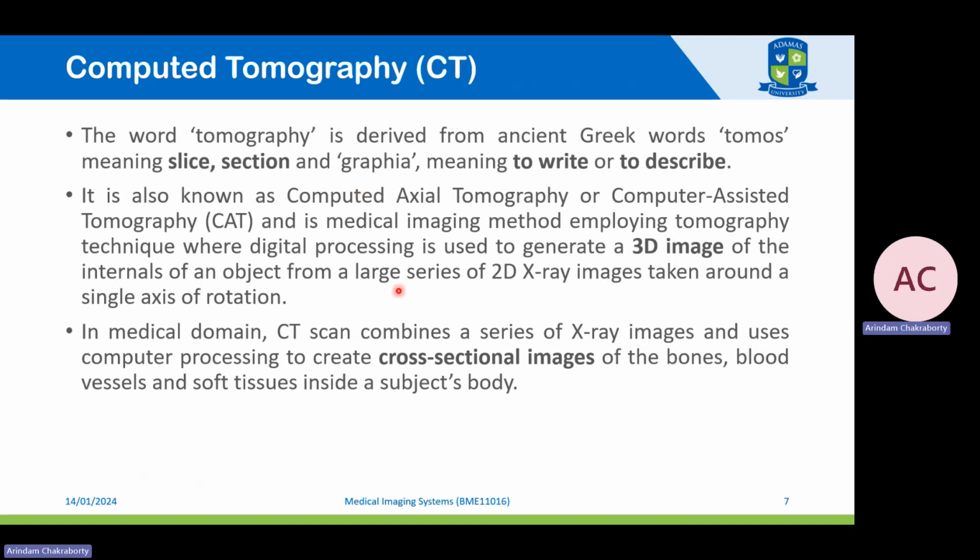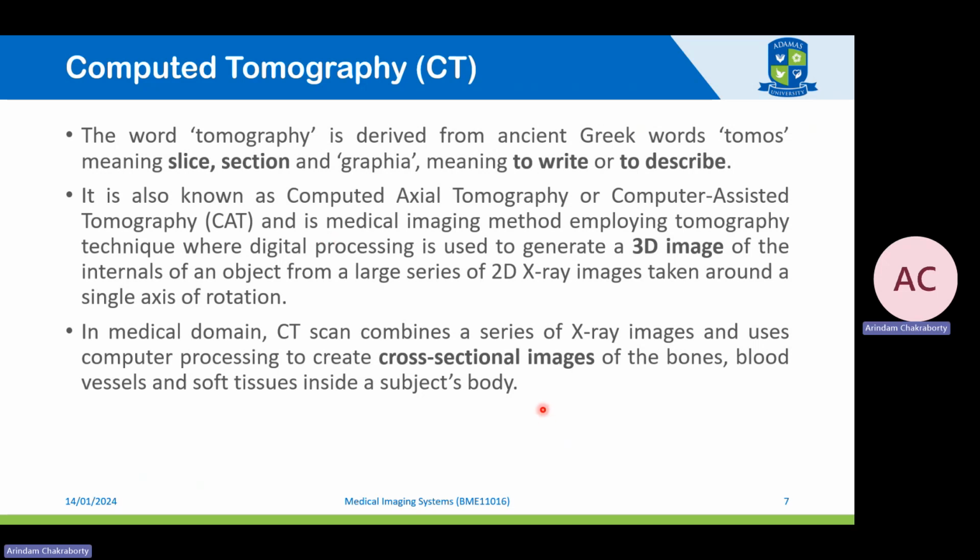Computed tomography is also known as CAT scan, or computed axial tomography, or computer assisted tomography. So basically they form 2D slices, cross-sectional images, that can be digitally processed using computer-based technologies to form a 3D representation of the internal aspects of that structure.